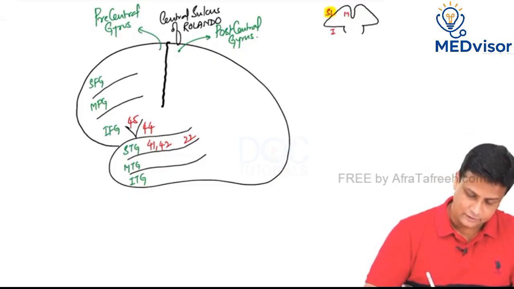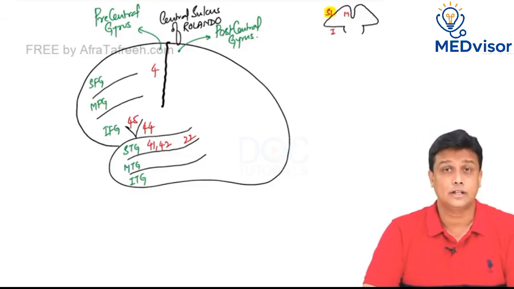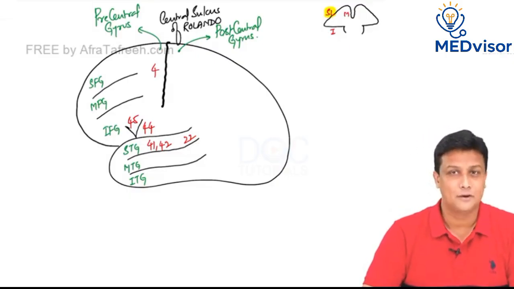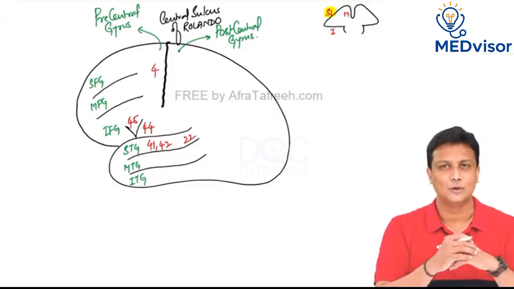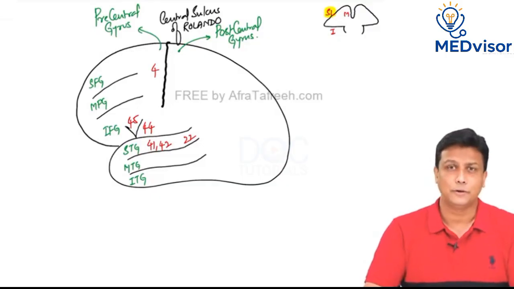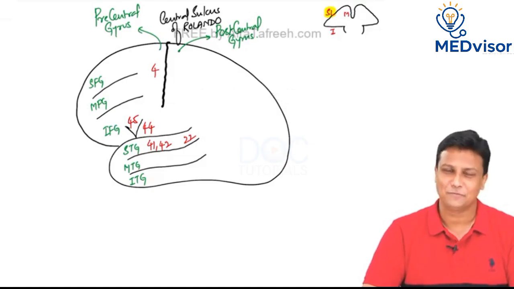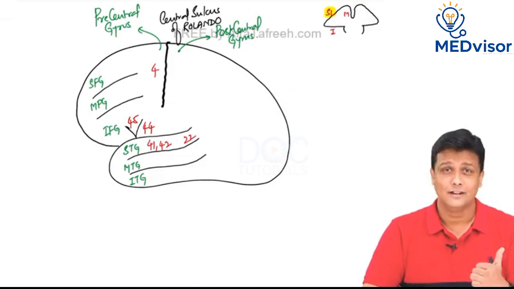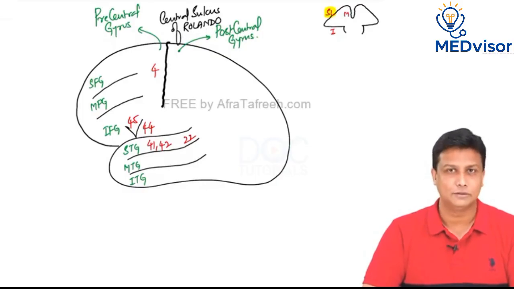In the precentral gyrus, you'll have area number 4, guys, which is referred to as the primary motor area. I hope all of you remember, we have already discussed in neuroanatomy, motor function is mainly controlled by the pyramidal tract. And yes, the pyramidal tract fibers are going to begin from here only. I have already explained that in the topic of tracts. Pyramidal tract fibers originate from the primary motor area, area number 4.